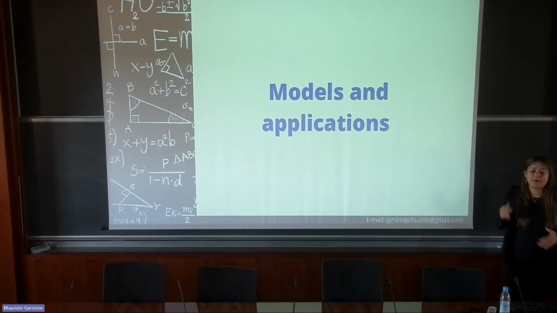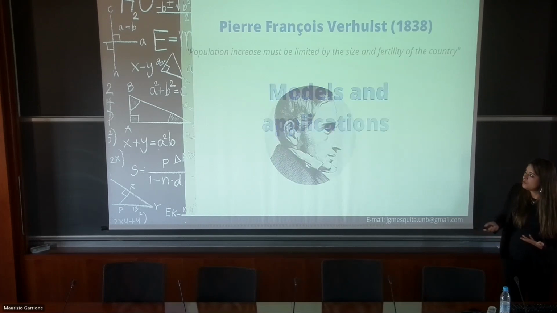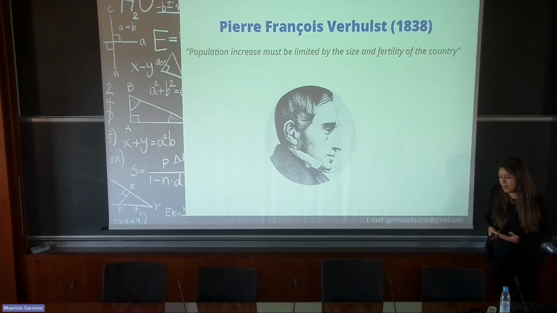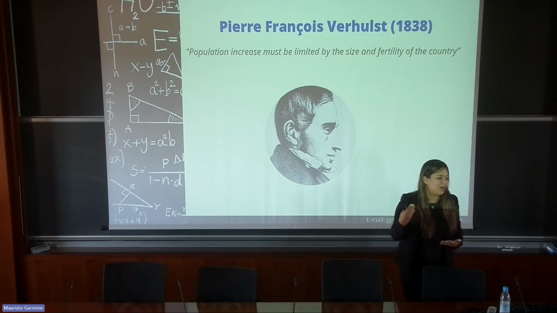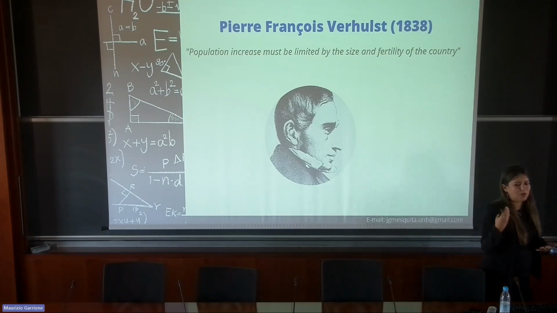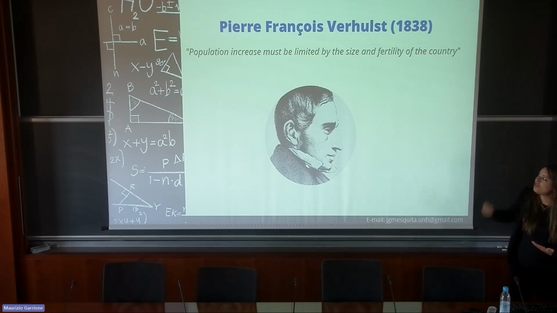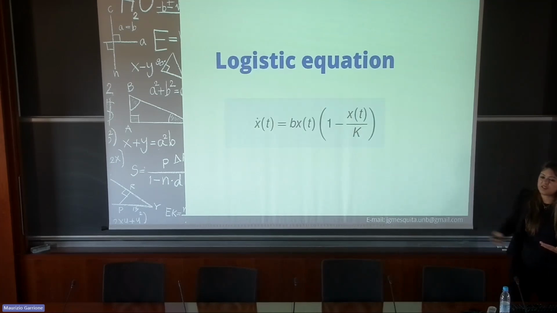So let's see a little about how it can be viewed in a model. Very simple here: everybody knows a lot about population models. When we think about population models, the first one that comes to our mind is from Verhulst, who brought the very famous logistic equation.